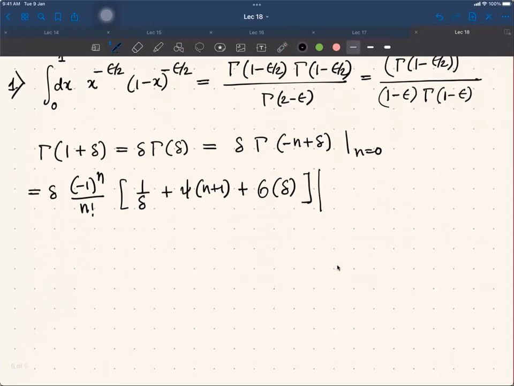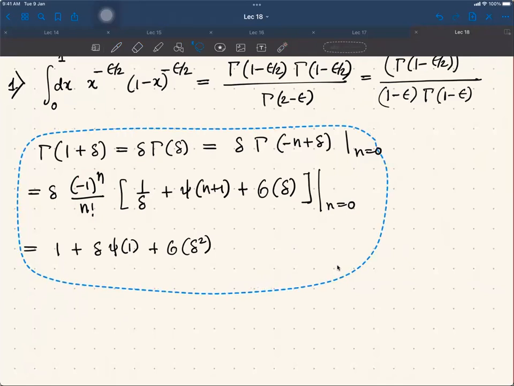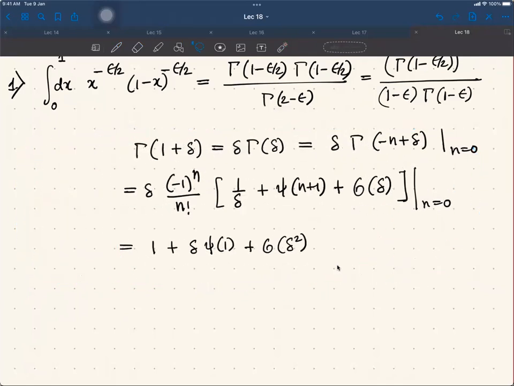At n equal to 0, this prefactor is 1, and therefore it is 1 plus delta psi 1 plus order delta square. This is the result.